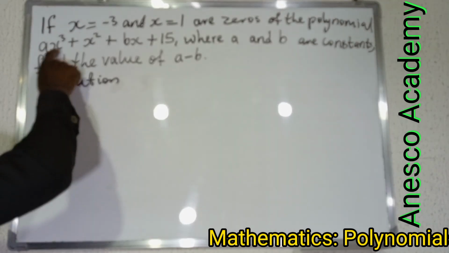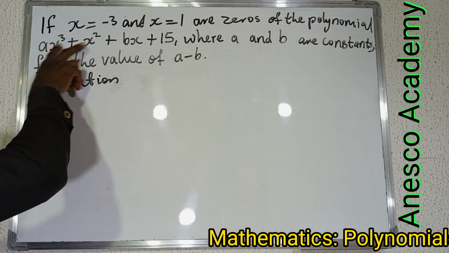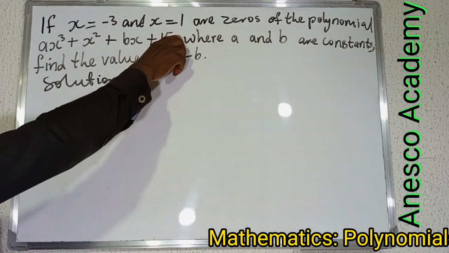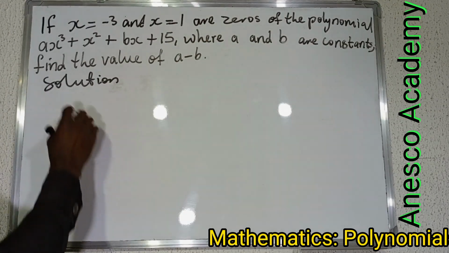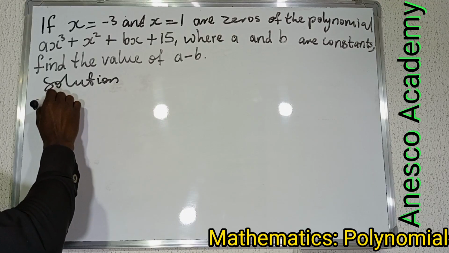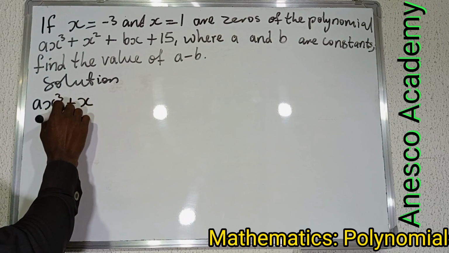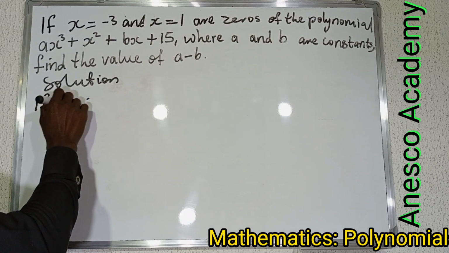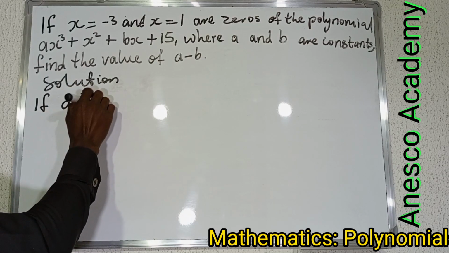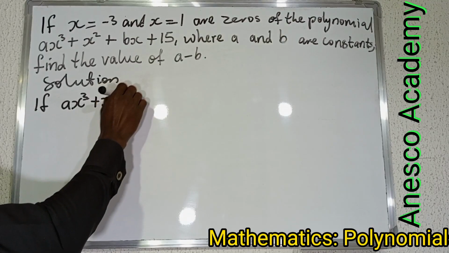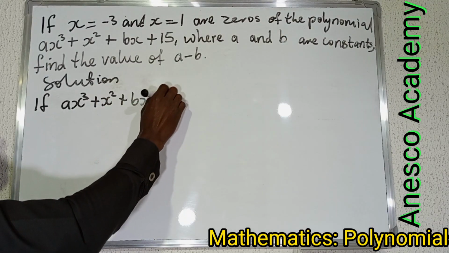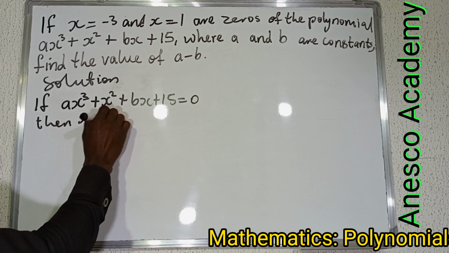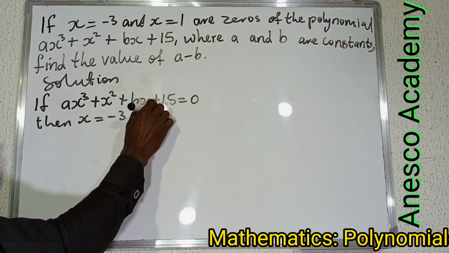the zeros of this polynomial are the roots of this polynomial if this is equated to 0. What it means is that if ax raised to the power 3 plus x raised to the power 2 plus bx plus 15 is equal to 0, then x is equal to -3 or 1.